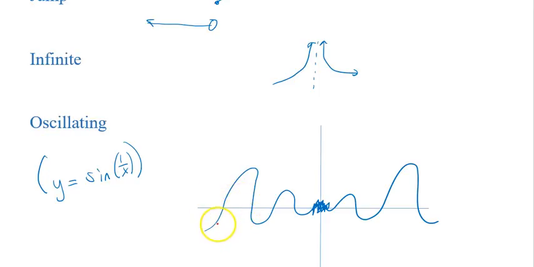What oscillating discontinuity is when a graph is going along and then near something that you're trying to find, is it continuous at that point or not, it's oscillating, going back and forth so fast that it doesn't nail down on a single place. If you graph this y equals sine of 1 over x in your calculator and you keep zooming in and zooming in and zooming in on 0, it's just going to go back and forth faster. And so it's kind of hard to wrap your brain around, but that's oscillating discontinuity.